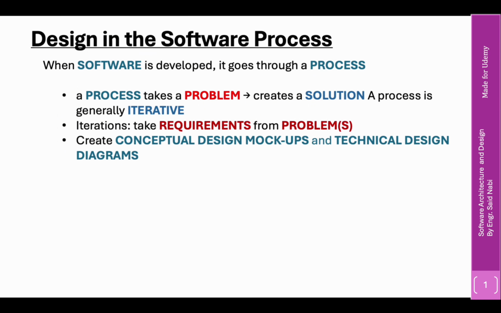In conceptual design, we just clarify our concept, and for that purpose we can use CRC cards, where we identify different classes, the relationships between the classes, and also the responsibilities of each class. And in technical design, we draw diagrams like the UML class diagram, activity diagram, and state machine diagram.